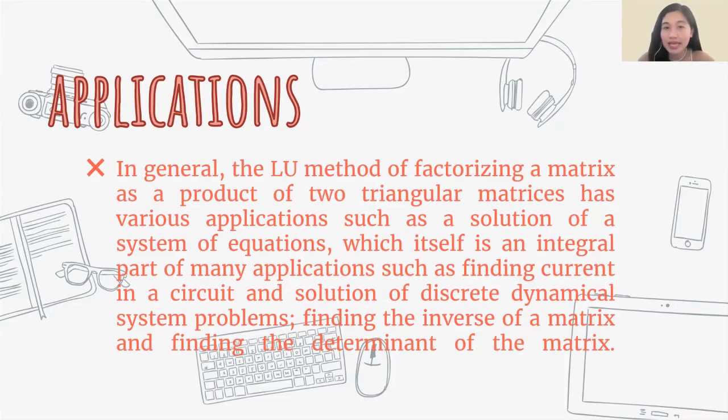That would be the application of specifically the Doolittle and the Kraut methods, where in the end we are going to prove that either type of LU, the Doolittle and the Kraut method, arrives at the same answer even though we applied a different process. So it is not only limited to solving our current, but also our discrete dynamical system problems, the inverse of our matrix, and of course, our basic determinant of the matrix.